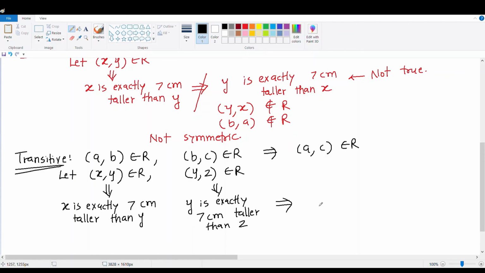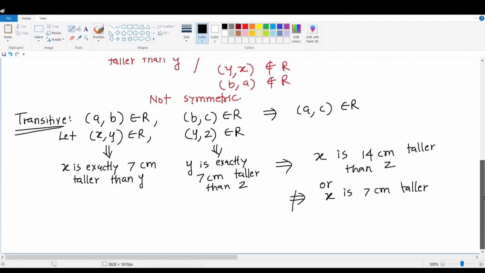Now if x is 7 centimeter taller than y and y is 7 centimeter taller than z, can I say that x is 7 centimeter taller than z? No, because x is actually double than 7. So x is 14 centimeter taller than z. So that does not imply that x is exactly 7 centimeter taller than z. Again, they are saying it must be exactly 7 centimeter.